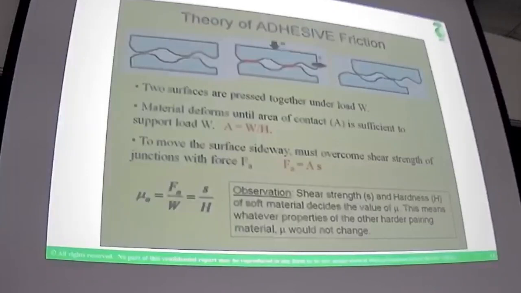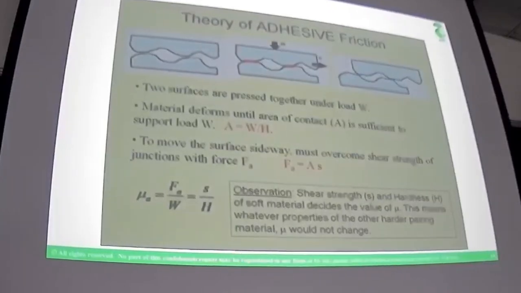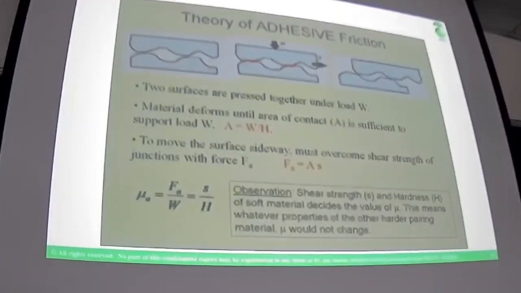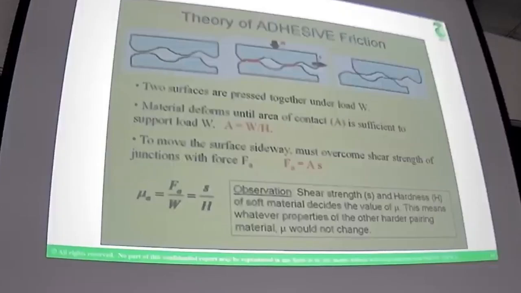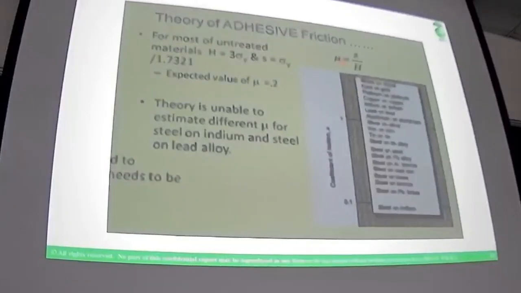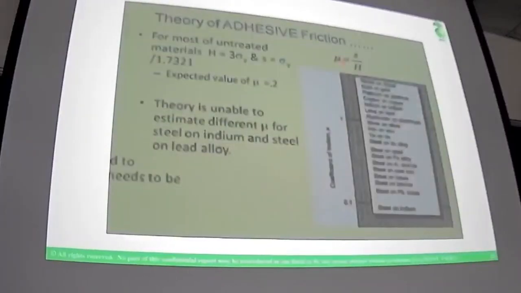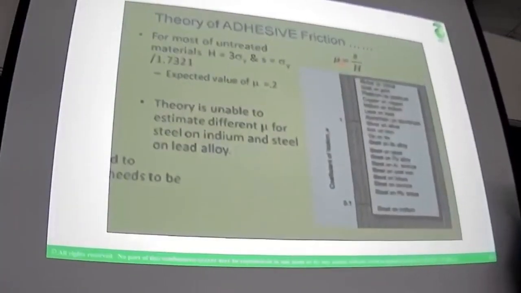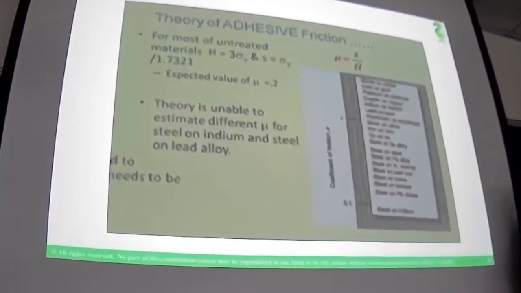Any question about it? So we know that if the tribal pair are similar materials, the main contribution to the friction is the adhesive friction.